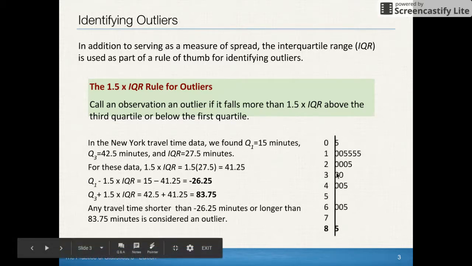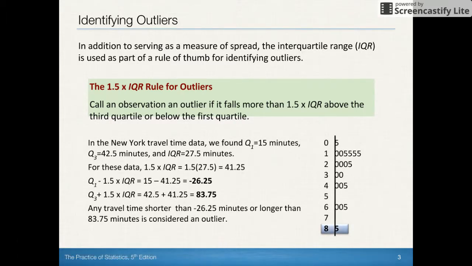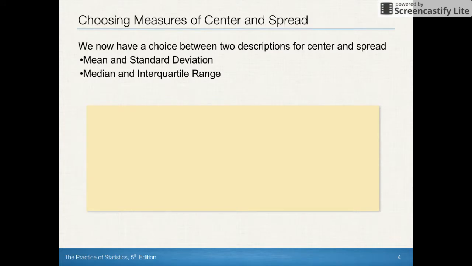So if you looked at your stem plot and you had anything outside of that, which in this case it does, it has a value at 85, then this 85 would be deemed an outlier. So know what your measures of center are and your measures of spread are. Mean and median are your measures of center.